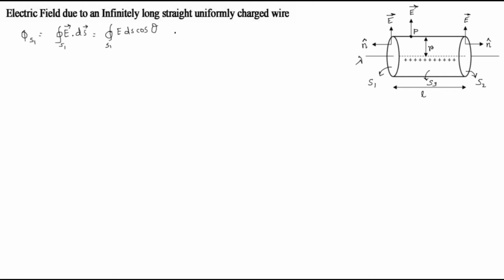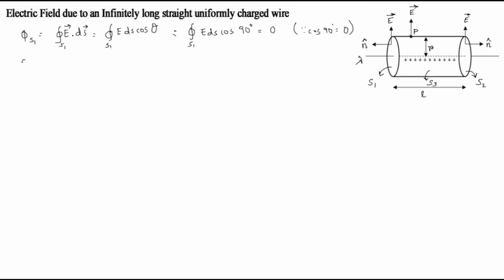Therefore we can write it as the surface integral over S1 of E ds cos 90. But we know cos 90 is equal to 0. Therefore this total value becomes 0. So the total flux through this surface S1 is 0.